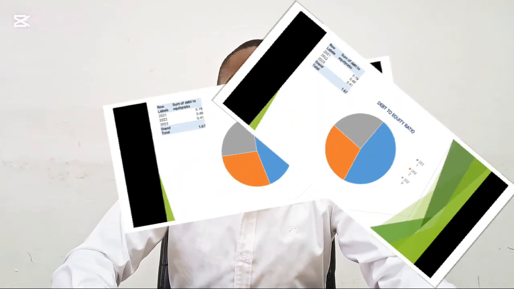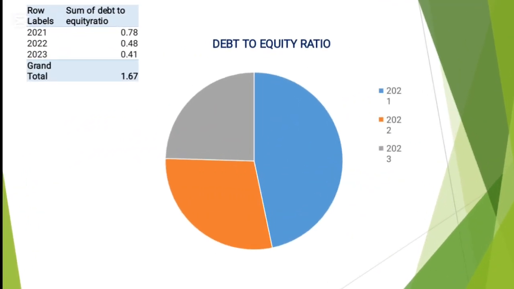The first ratio that we're going to look at is the debt to equity ratio. As we can see from the diagram, in 2021, the debt to equity ratio is standing at 0.78, which clearly shows that it is a good sign the company is able to settle its long-term obligations. For every 0.78 ngwee they owe, they have 1 kwacha to pay.